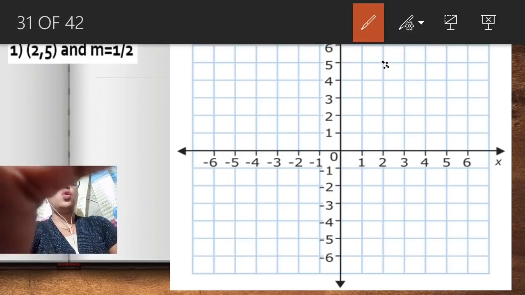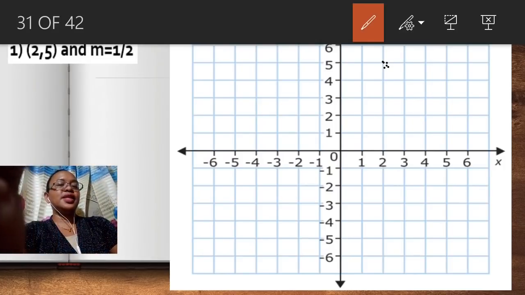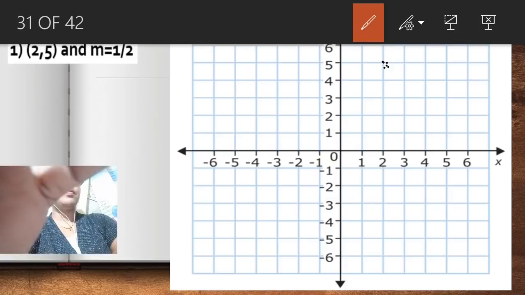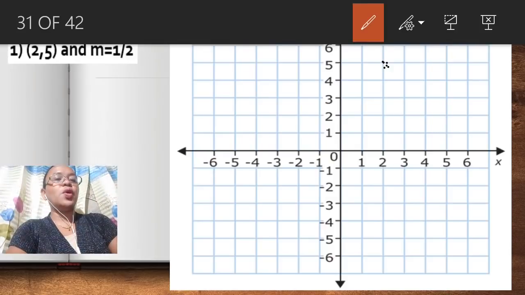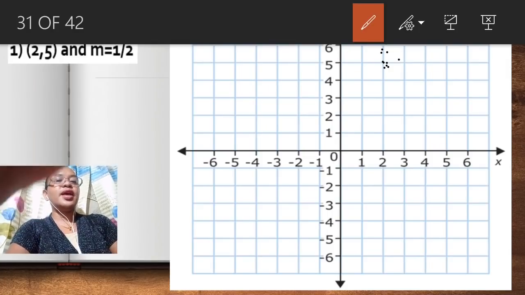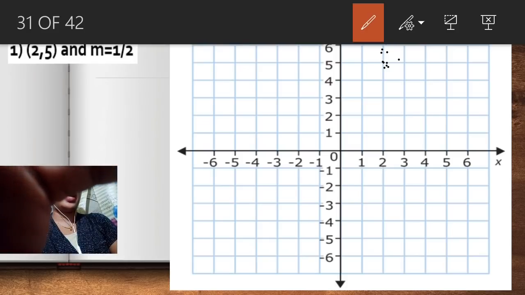And then you go 1. 1 means you go up. It's positive, you go up. If it's negative, you go down. So since it's positive, you go up there. So that becomes, you go there to the 6, there, that one. And then the over 2 means you go to the right.